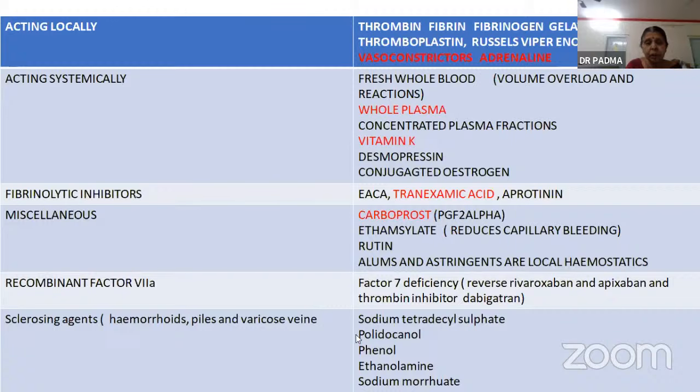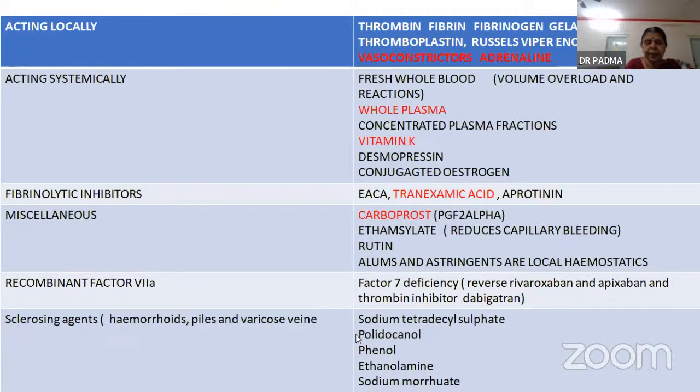Systemically, we use plasma when they are hospitalized. Vitamin K can be injected or given orally for weeks together in case of poisonings. Fibrinolytic inhibitors, normally we use tranexamic acid or aprotinin. Nowadays, even ethamsylate also. Carboprost in case of PPH, and the other ones are normally used in ICUs or in wards.